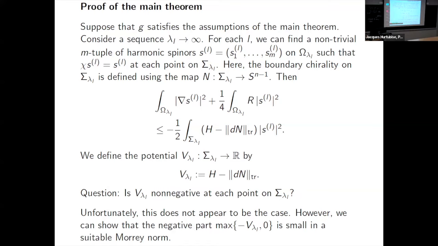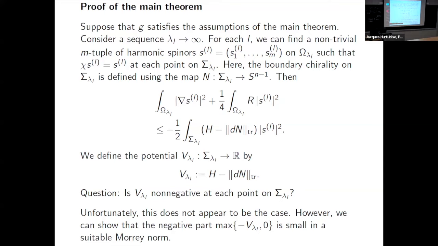And let me call this difference B sub lambda L. So that this would represent the difference between these two terms. Now, if this B is non-negative, then you're basically done, because then the left-hand side of the inequality is clearly non-negative. And so then if you can say that the right-hand side is less than or equal to 0, then you're done and you get rigidity.